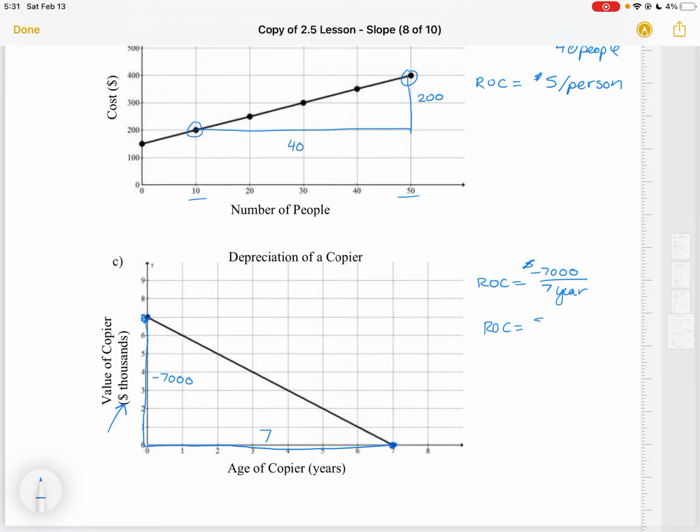So then my rate of change is that the value of a copier goes down by $1,000 per year. And those are some examples to wrap up of slope applied to a real world situation where we classify it as the rate of change.